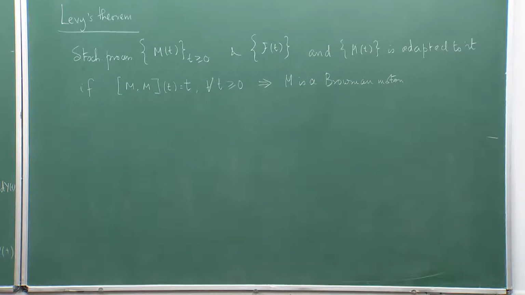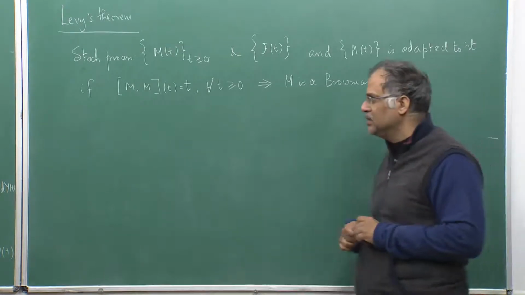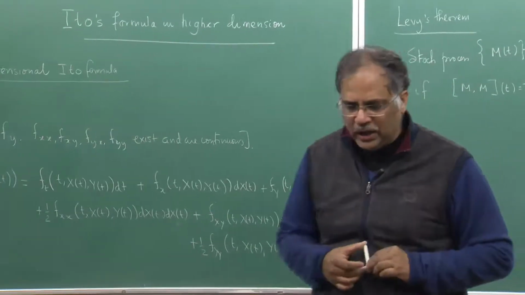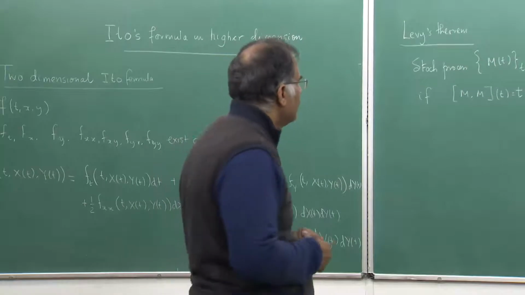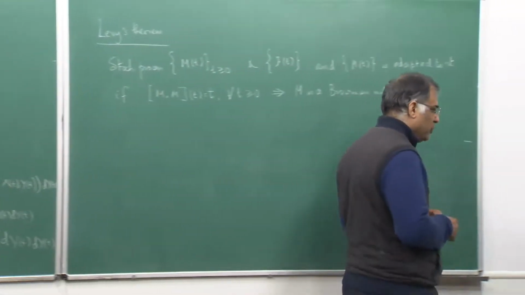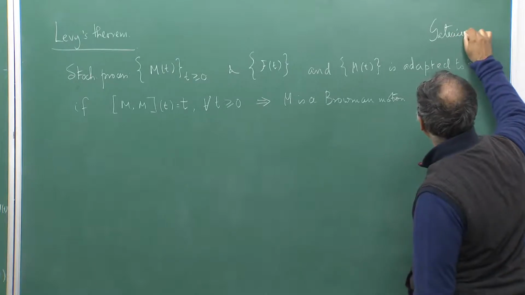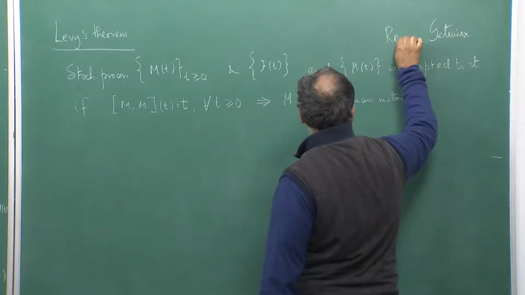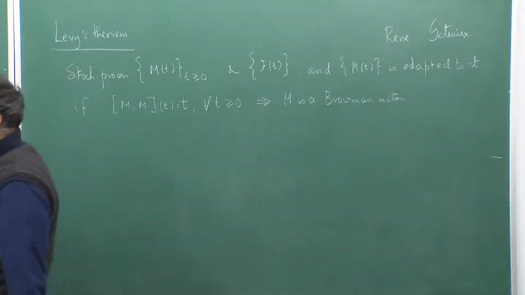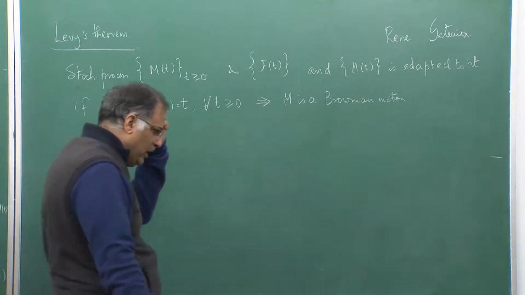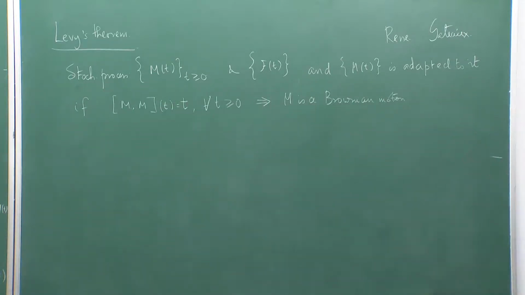Let us understand that Levy was really not a probabilist, he was an analyst, and in fact it was Rene Gateaux, on whose name we have the Gateaux derivative, who started working on these sort of stochastic processes to look at them in a more detailed mathematical way, but he was killed in World War I, or World War II, I am not exactly sure. So, in one of the world wars Rene Gateaux was killed, and then Paul Levy was told to see that his papers, what he had written, should be published.